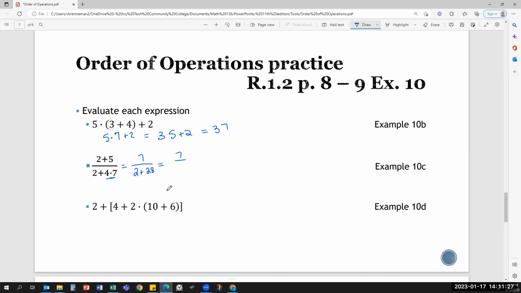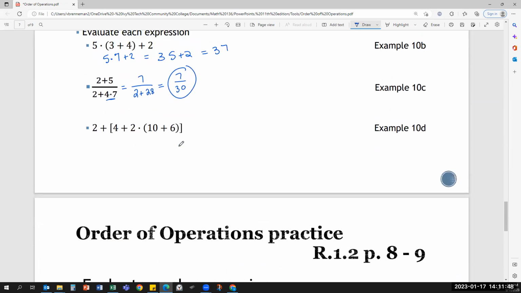And then the 2 plus 28 is a stronger grouping than the division. This would be 7 divided by 30. And then typically you'll leave answers in fraction form here, a simplified fraction, but you wouldn't give that as a decimal.